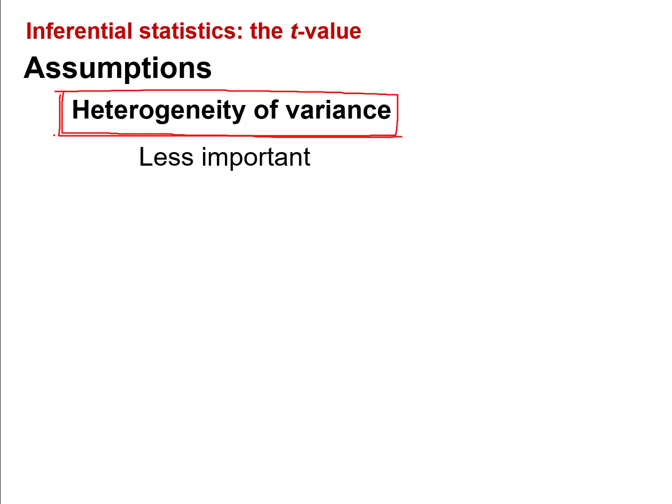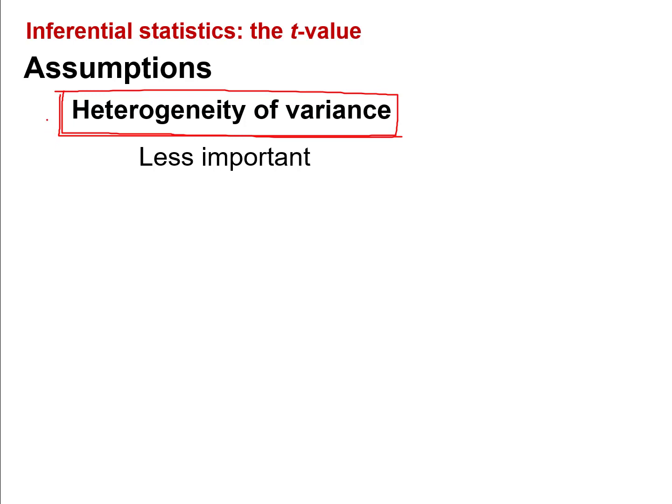Now, for this class, I'm not going to do very much with these alternate formulas. I'm not going to ask you to calculate them, and I'm not going to give you any examples where we have a clear problem with heterogeneity of variance and where we would need to use one of these alternate formulas.